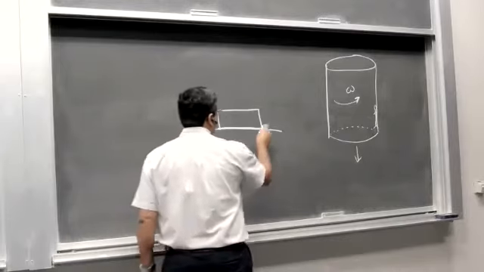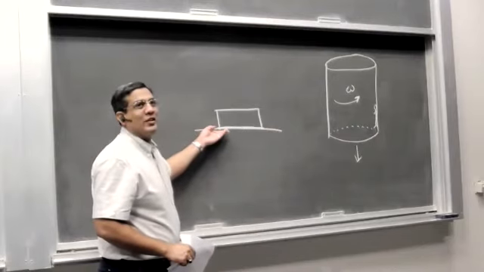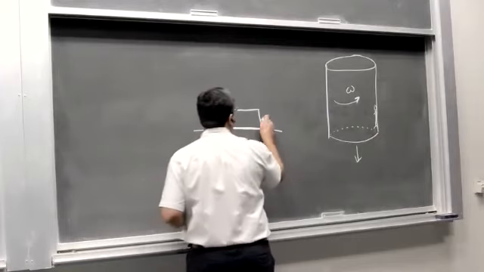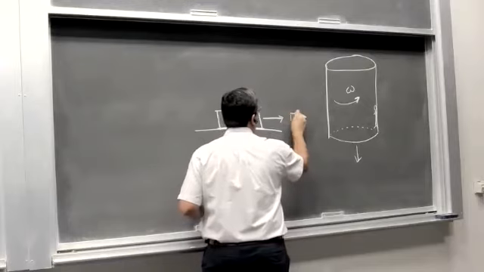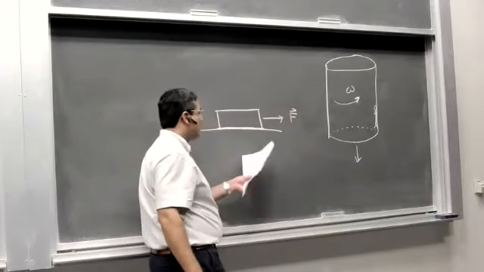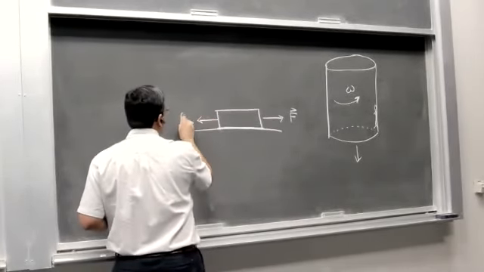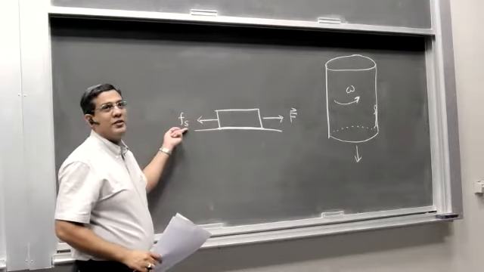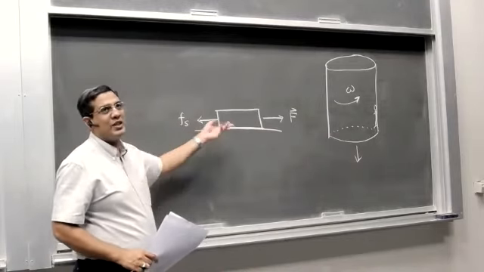That means if you're not moving, then there is really no force of friction acting on this object. The force of friction starts acting on the object when you're acting on it with a force F. It's always in the opposite direction of motion because it has to resist.